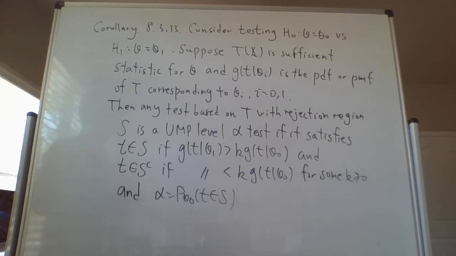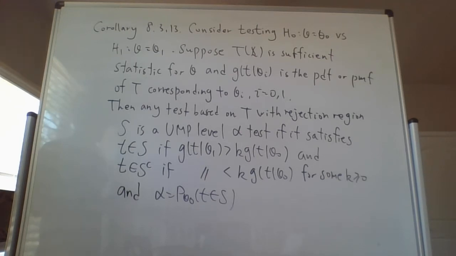So first, if the ratio of the PDF or PMF of the sufficient statistic under the null and the alternative is greater than K, then the sufficient statistic belongs to the rejection region.